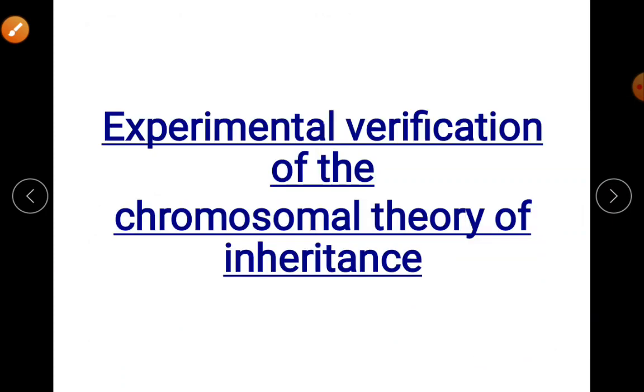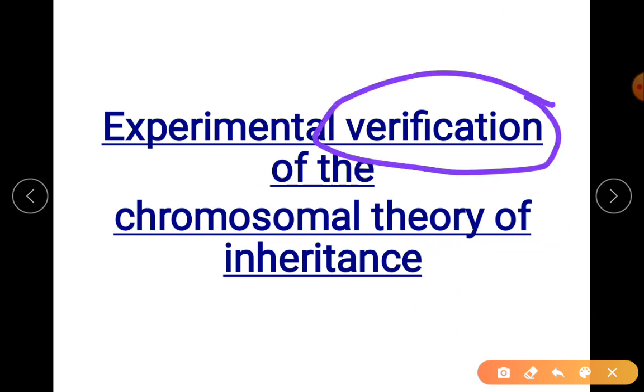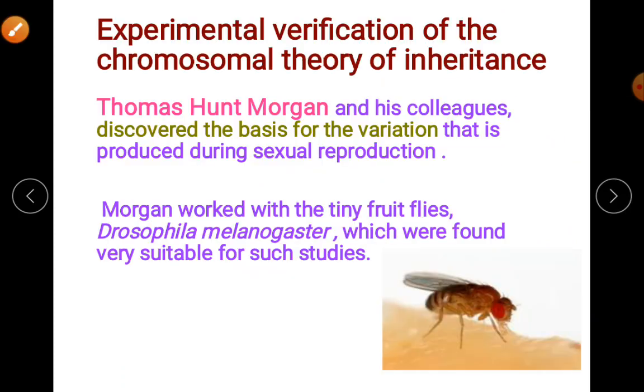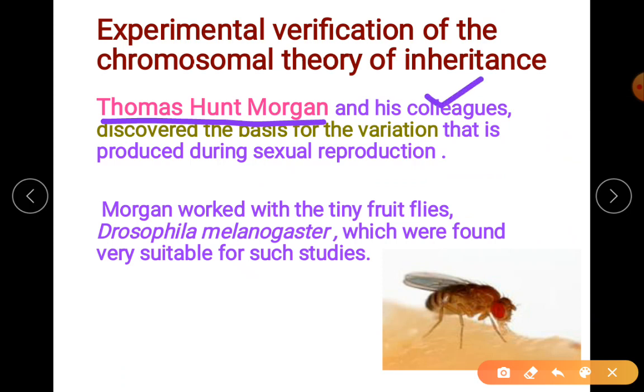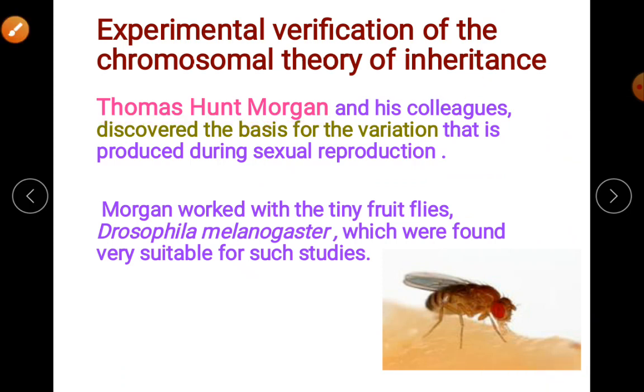Now there is experimental verification. When I say experimental verification of the chromosomal theory, we need a proof, someone to verify it is true. It was Thomas Hunt Morgan, or T.H. Morgan, along with his colleagues, who discovered the basis for variation.